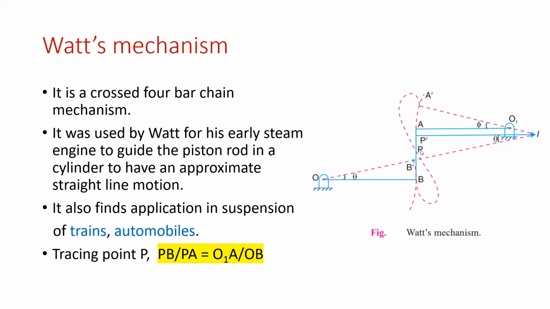So on that paper, that pen will make a line, make a straight line. Okay, so in that way you can prove that the particular point is tracing out a straight line. So that will be your Watt's mechanism. A mini project will be done.